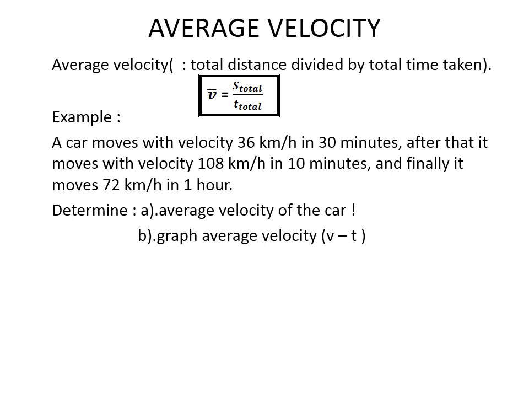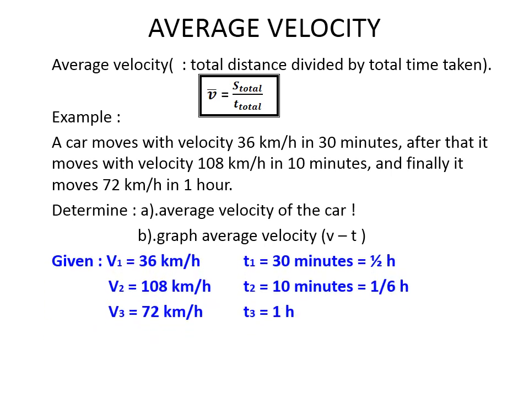From the example, it is given v1 is 36 km per hour and t1 equals 30 minutes equals half an hour, and v2 equals 108 km per hour and t2 equals 10 minutes equals 1 per 6 hour, and v3 equals 72 km per hour and t3 equals 1 hour.